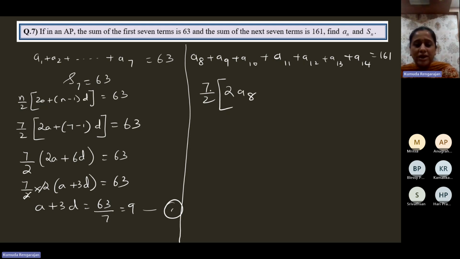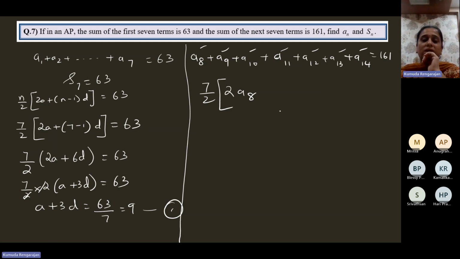A8. So n is 1, 2, 3, 4, 5, 6, 7, so 7 by 2. 161 is the sum of 7 terms of the AP. How many terms have we taken into account to get the sum 161? 7 terms, no. So n is 7.